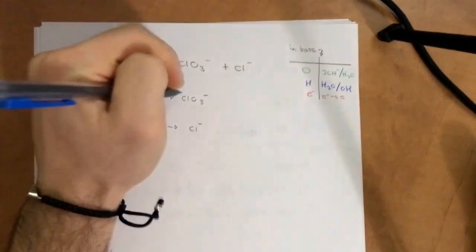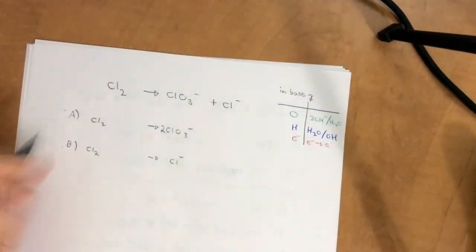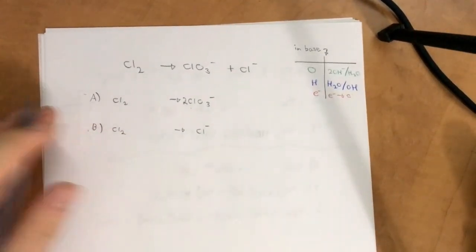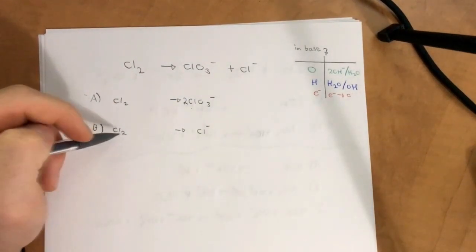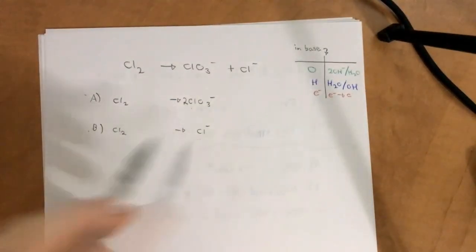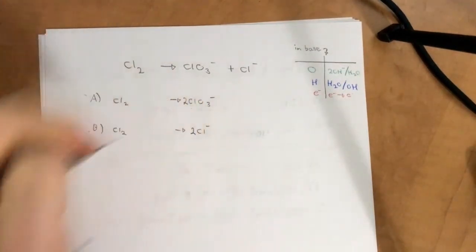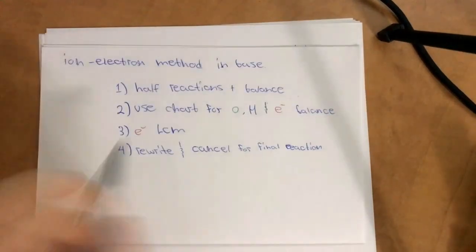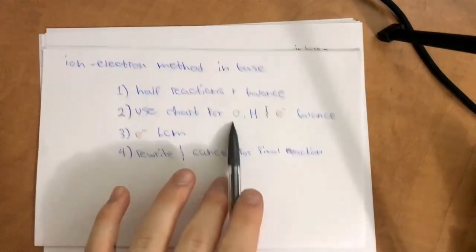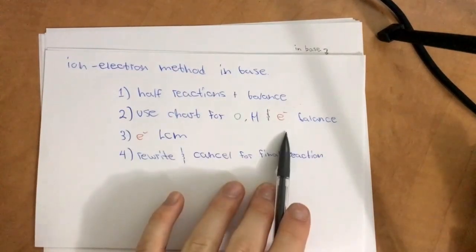So in order to balance that, I'm just going to put a coefficient of 2 on the right. Now, look at the bottom one, Cl, there's 2 on the left, 1 on the right. Again, put a 2 on the right side and it balances out. Now we're done that step, we can move on to step number 2. Use chart to balance out the O's, the H's, and the electrons.